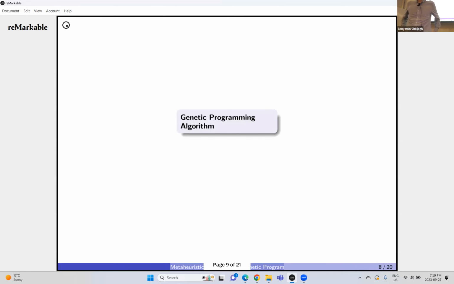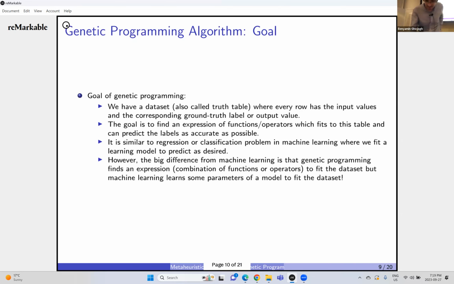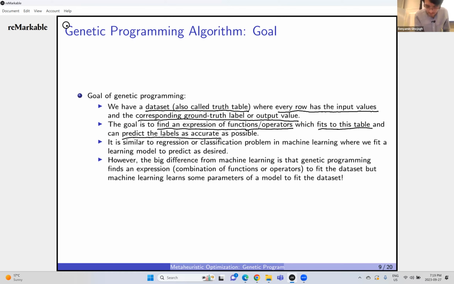Now, genetic programming algorithm. The goal of genetic programming: we have a data set, also called the truth table, where every row has the input values and the corresponding ground truth label or output value. The goal is to find an expression of functions or operators, of basis functions, which fits this table and can predict the labels as accurately as possible.